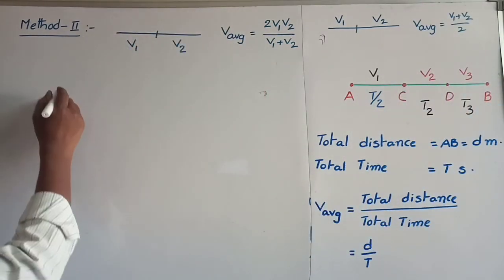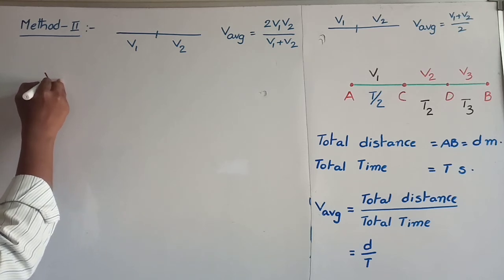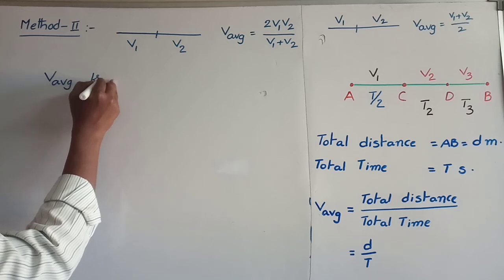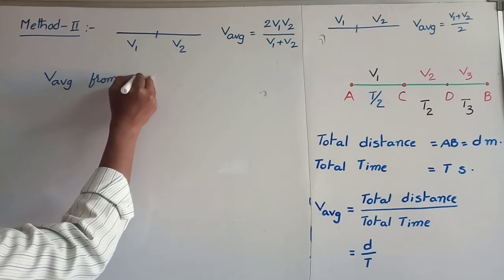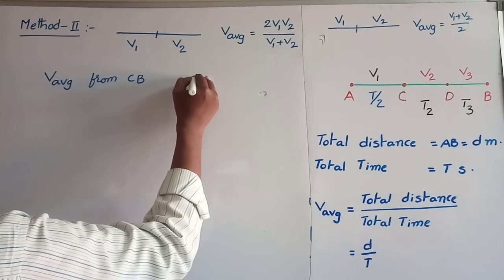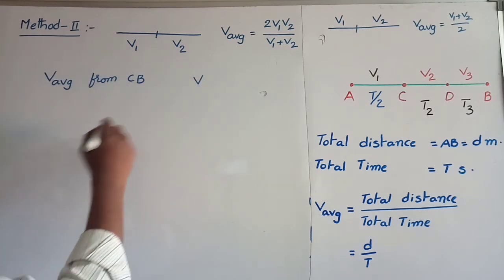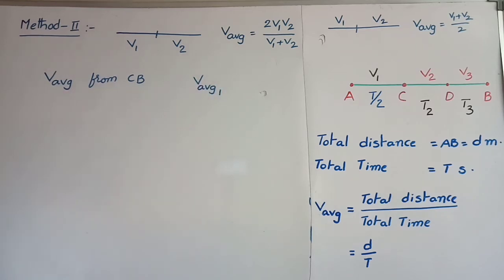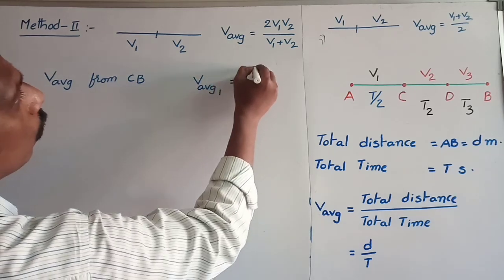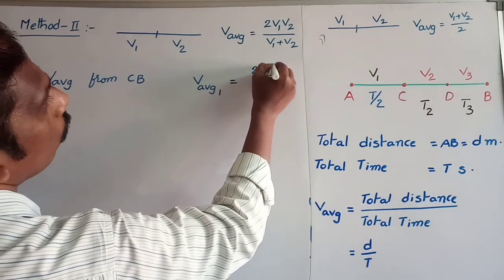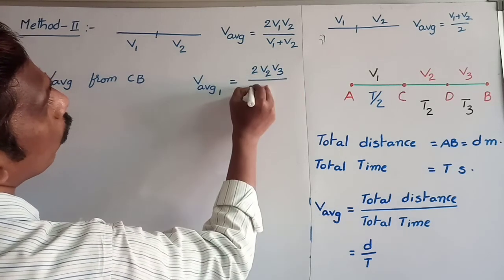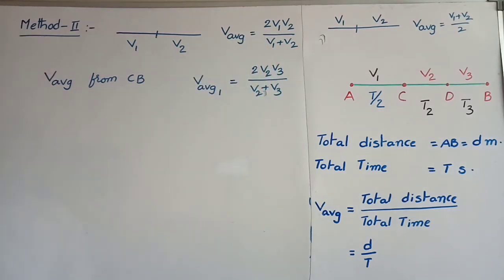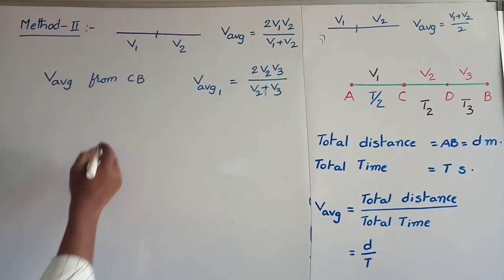So the average speed from C to B, which is taken as V average 1, you assume this is V average 1, which is equal to 2 into V2 V3 by V2 plus V3 according to this formula. Next, it becomes like this.